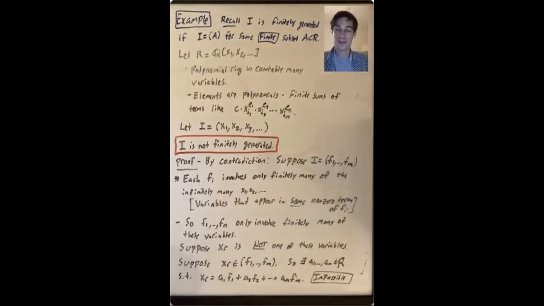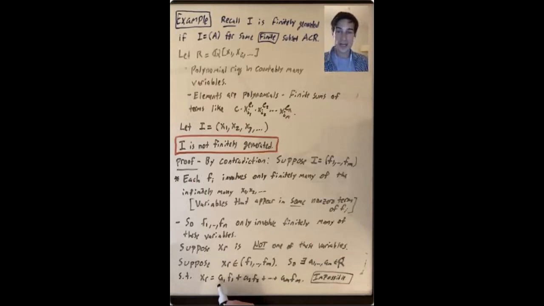Okay, so now, what does it mean for x_r to be in this ideal? It means that there are polynomials a1 up through am in R such that x_r is equal to a1 f1 plus a2 f2 plus up through am fm. And now the key thing is that the x_r coefficient on the left is 1. What is it on the right? Well, none of these fi's has an x_r in it anywhere. So anywhere you're picking up an x_r has to be from one of these polynomials ai.